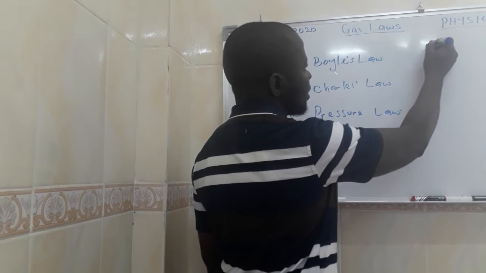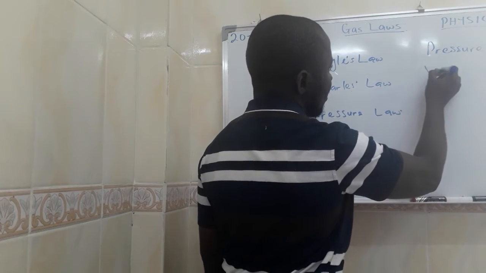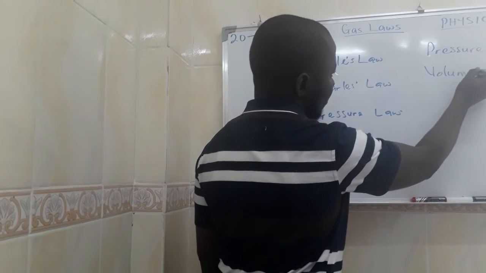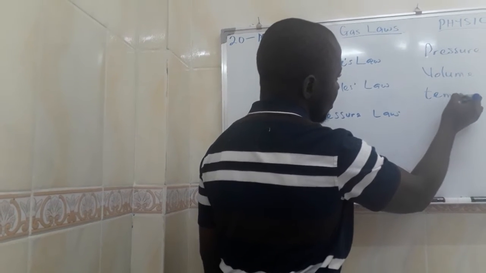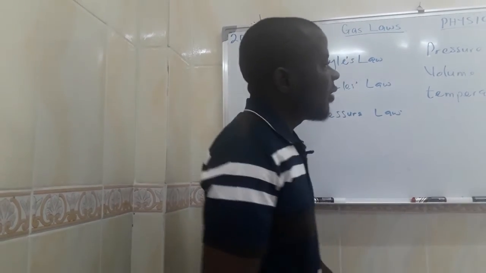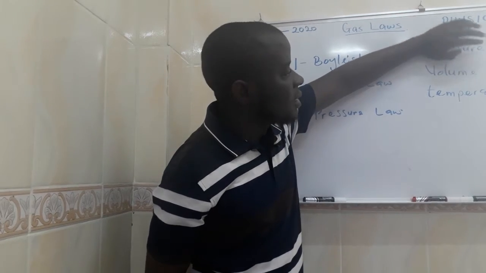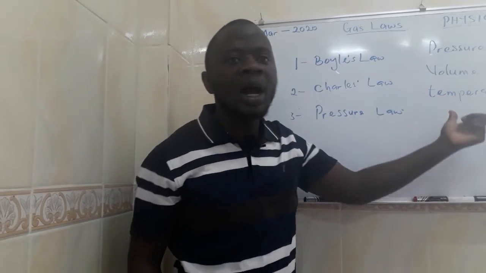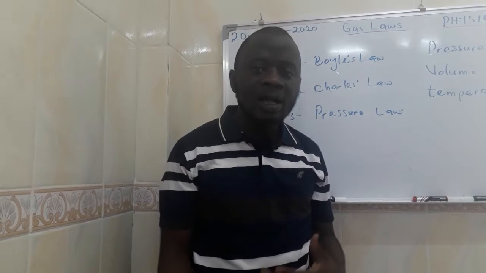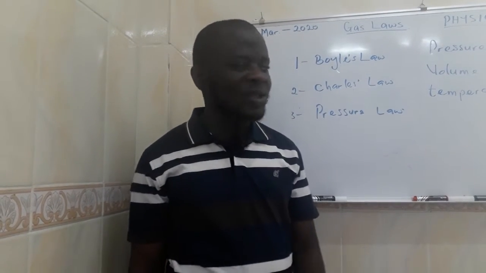So we are going to be changing the pressure, the volume, and the temperature of the gas. Now, if I keep the pressure constant and I change the volume, what will happen to the temperature? These are what we'll be talking about in our video today. I hope you are going to enjoy it.